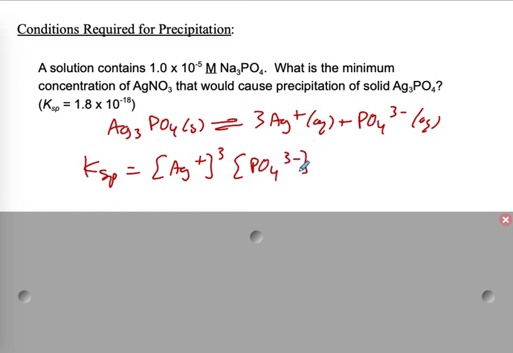Well, I know the concentration of phosphate is 1.0 times 10 to the negative 5th moles per liter. So the question then simply is, what is the smallest concentration of silver plus that I can have that, when plugged into the KSP expression, will give me KSP, thereby satisfying the equilibrium condition, therefore resulting in precipitation? Well, all I really need to do is to rearrange and isolate concentration of silver plus, and then simply solve.